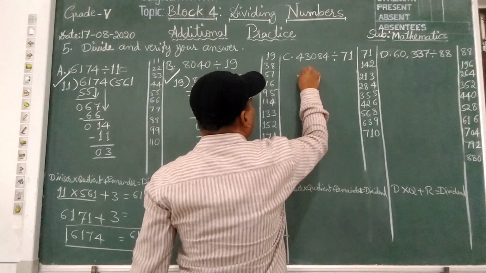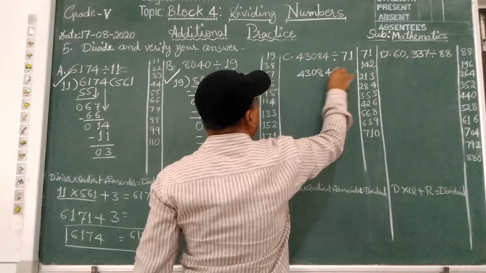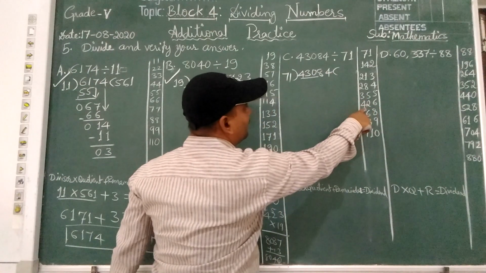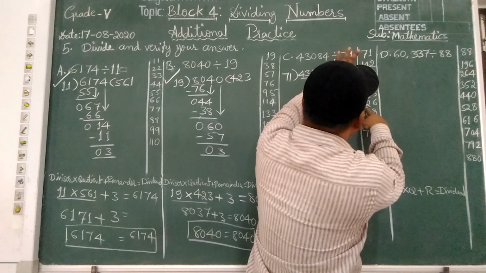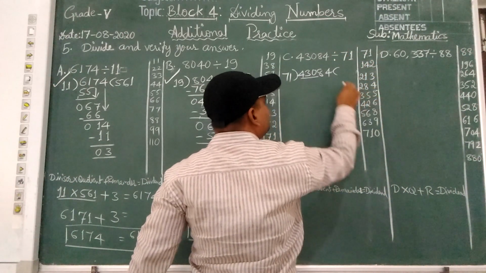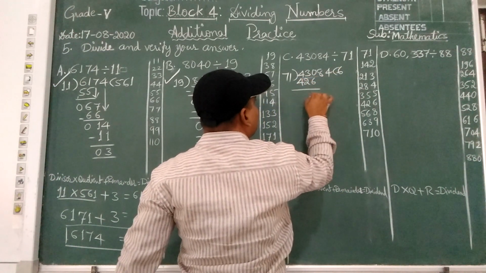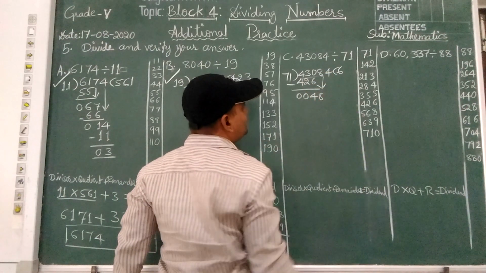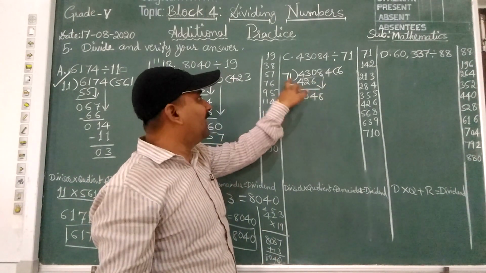Okay, this one: 43,084 divided by 71. So take 430. Where will you get 430? Less than 430 is this: 1, 2, 3, 4, 5, 6. How much? 426. So after subtraction you get 4, take 8. 48. Again I am not able to divide.